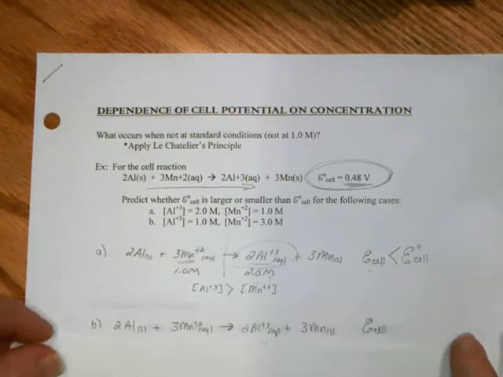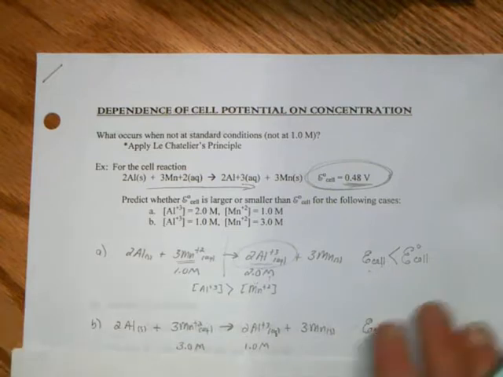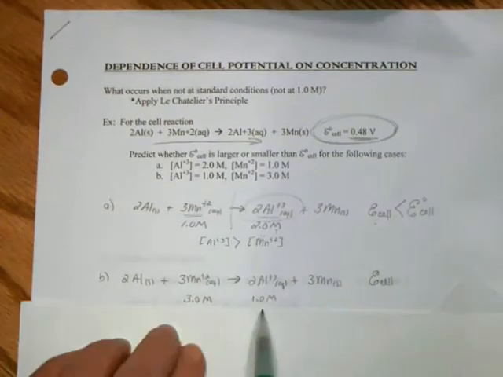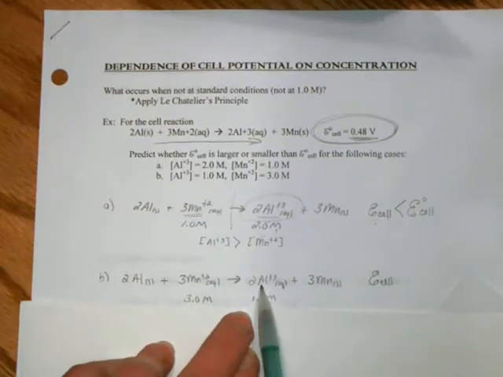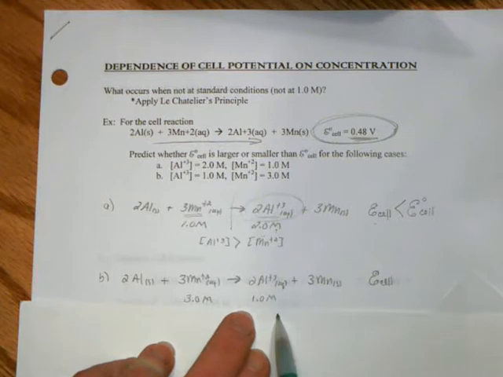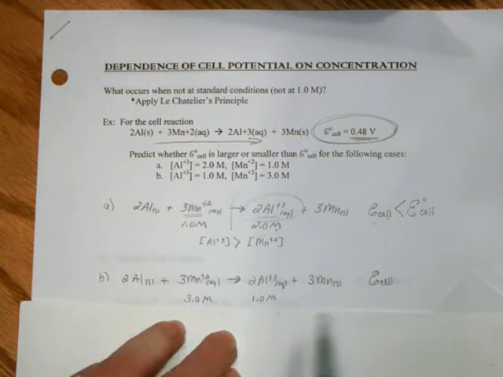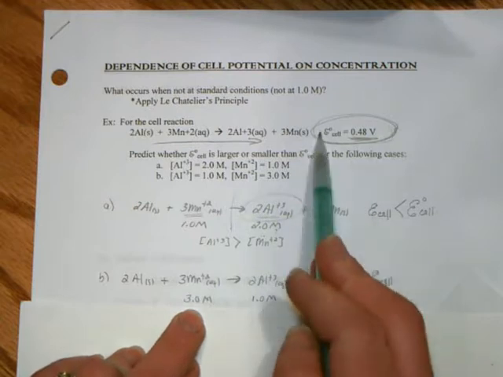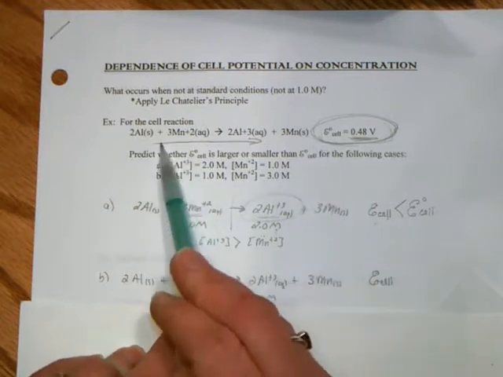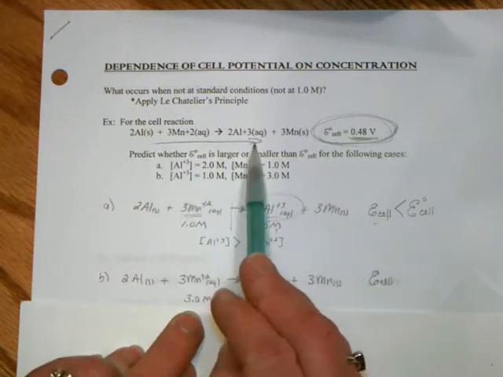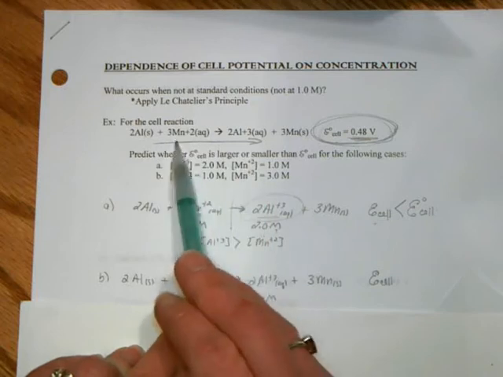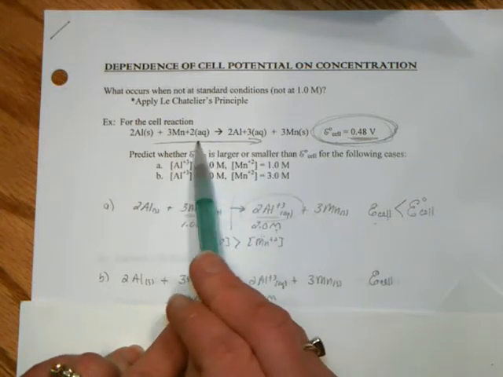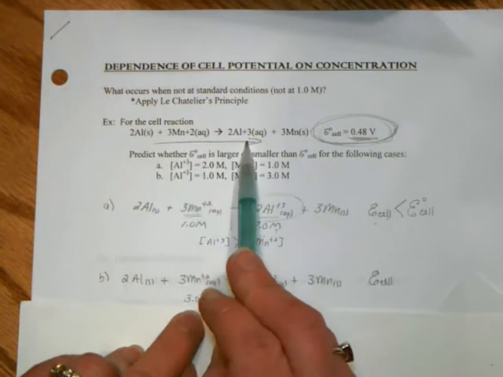What if the concentration of the manganese ion was greater than the 1 molar aluminum standard state ion? Well, here we have too much reactant, if you will. Again, this voltage shows us the push or the pull for electrons: the push by the species that is being oxidized, and the pull by the species that's being reduced.